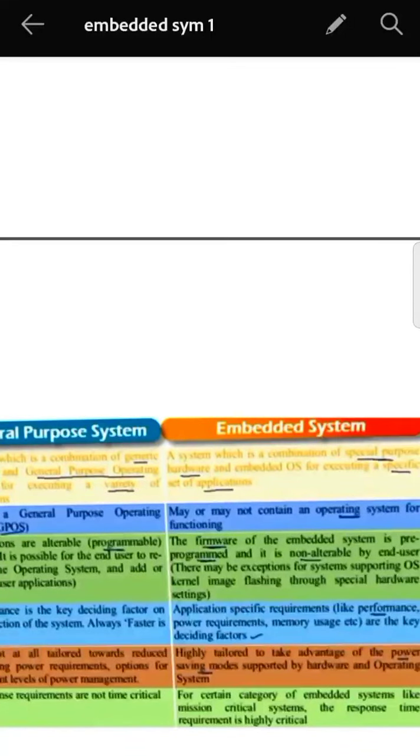Next, the second difference is, the general purpose system contains a general purpose operating system, that is GPOS, but the embedded system may or may not contain an OS. The embedded system may contain the operating system or not, but the general purpose system contains the GPOS, that is general purpose operating system.